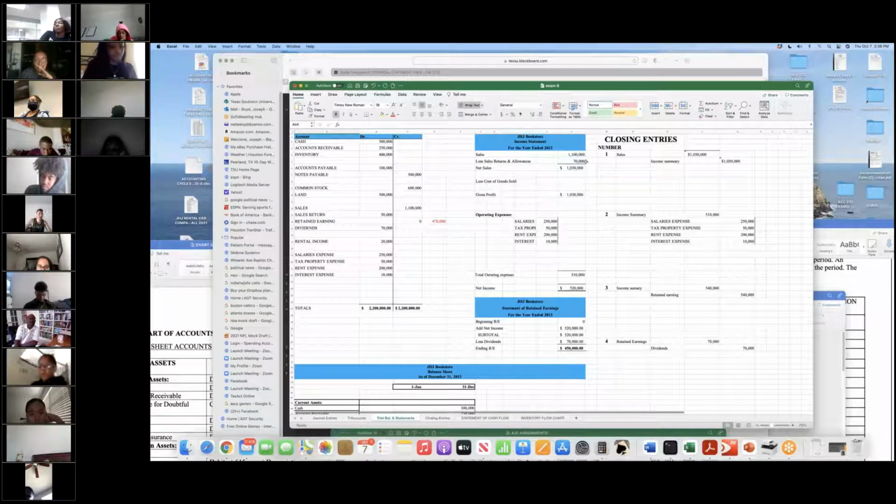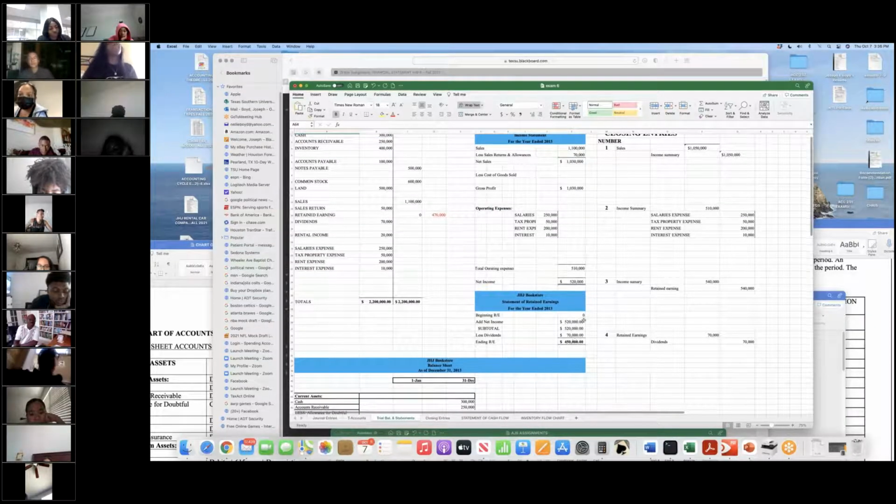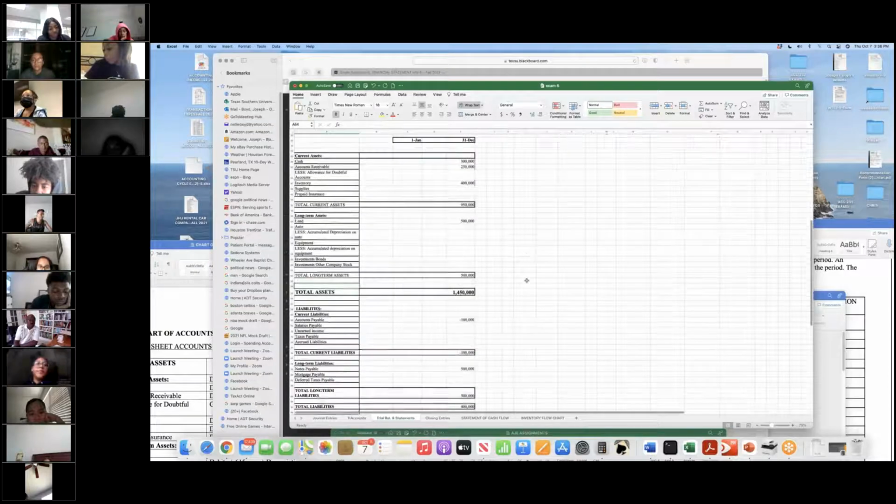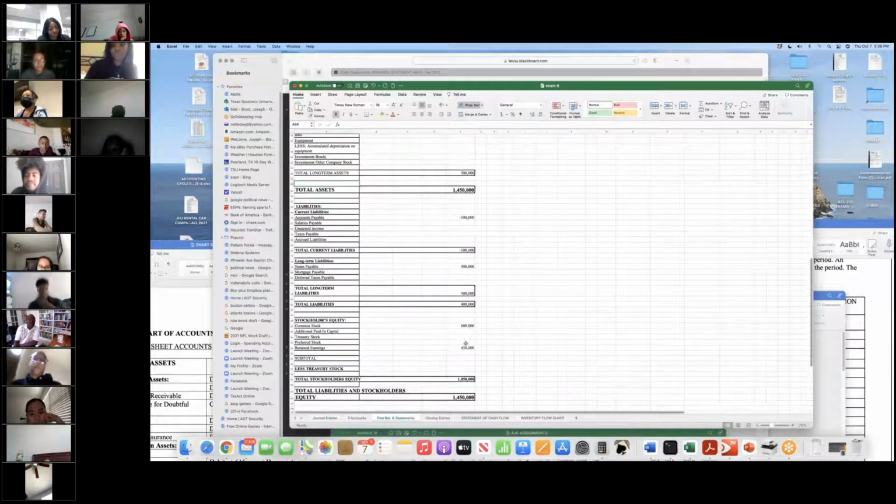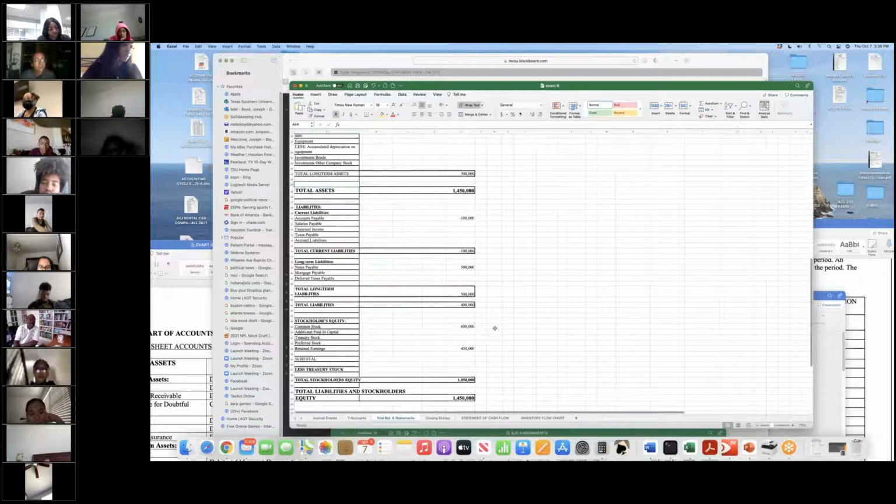So that was return and allowance. So your net income should have been 520. You subtract out dividends, your ending retained earnings is 450. And so once you put that 450 in, I'm assuming you balance out at 1,450.